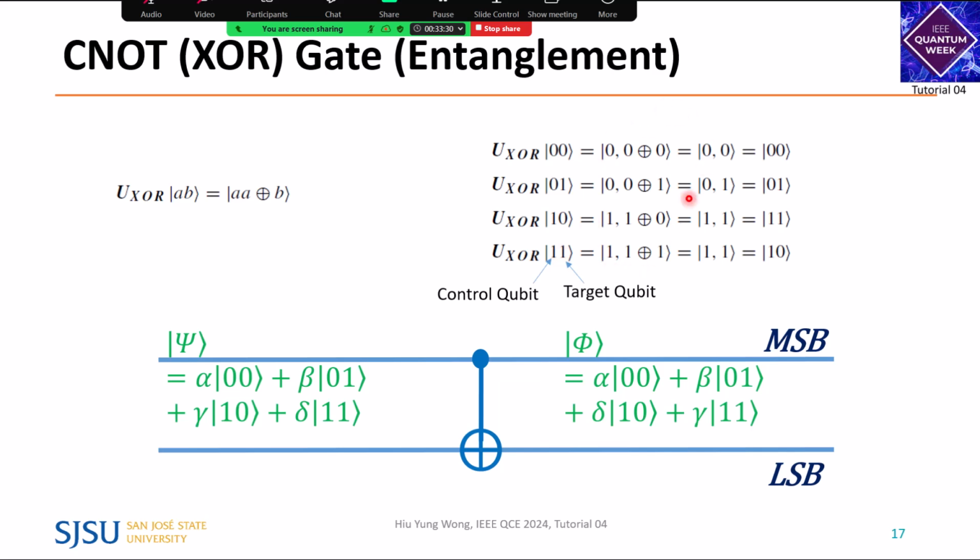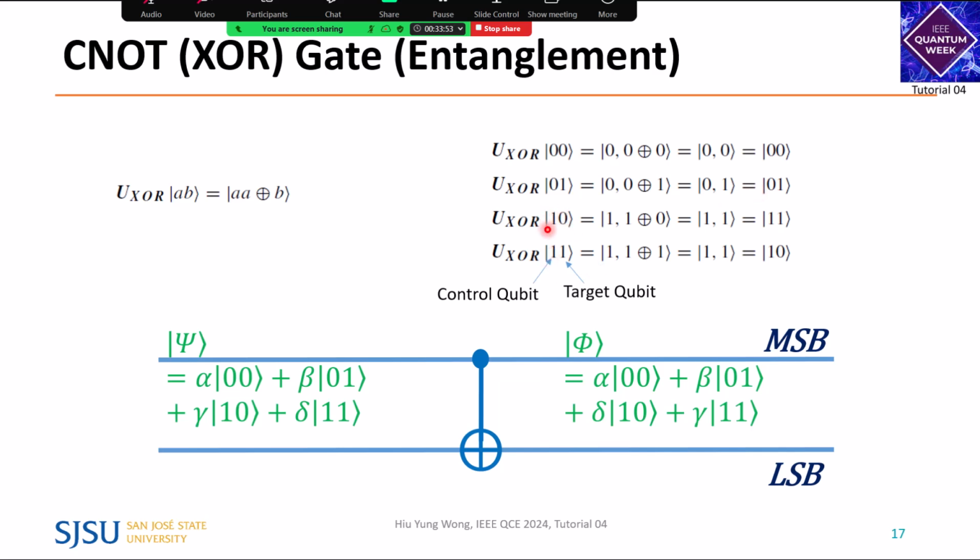If the first qubit, the left one, is 0, it does nothing. So 0, 0 is still 0, 0. 0, 1 is still 0, 1. This is the input, this is the output. So it's just like an identity gate at this moment.